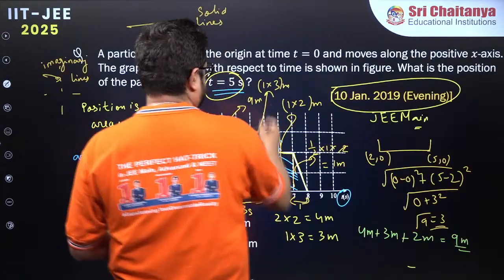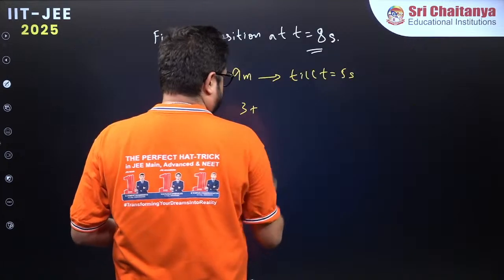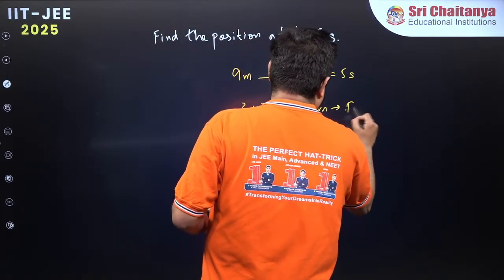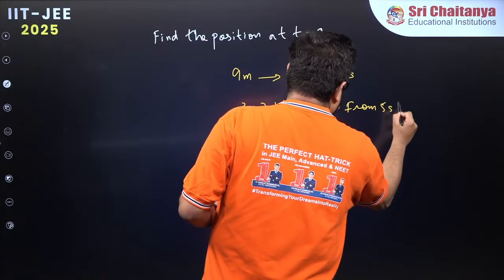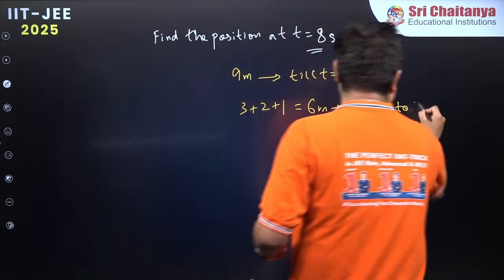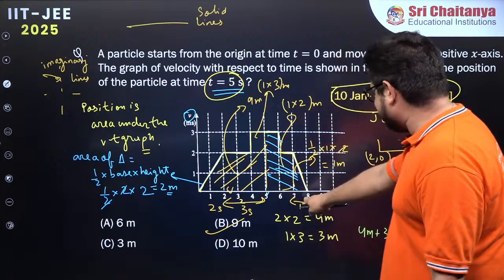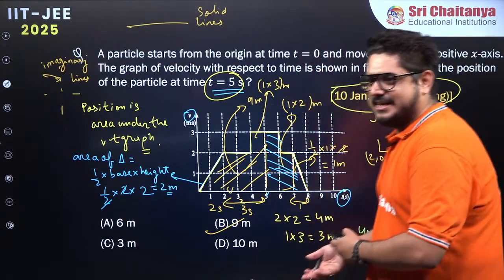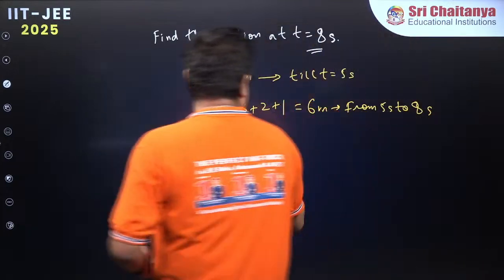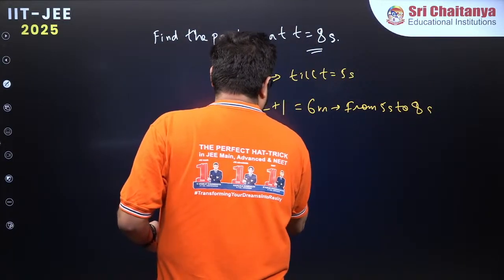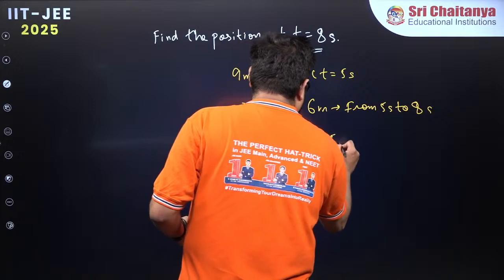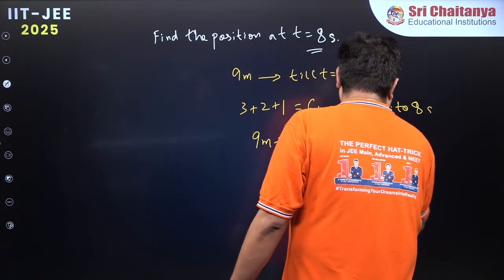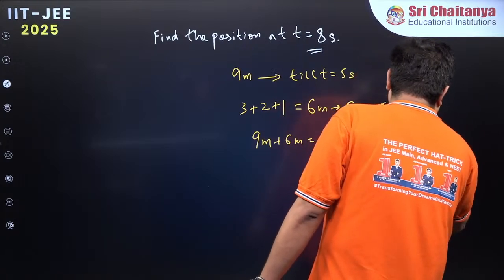And now we have this 3 plus 2 plus 1, which is 6 meters from 5 seconds to 8 seconds, isn't it? Because now you can see that after 8 seconds, the graph is touching the time axis. So 9 meters plus 6 meters is 15 meters. That is the total distance of the particle.